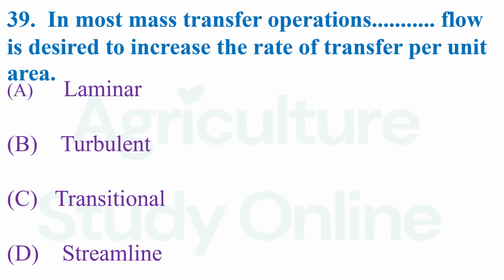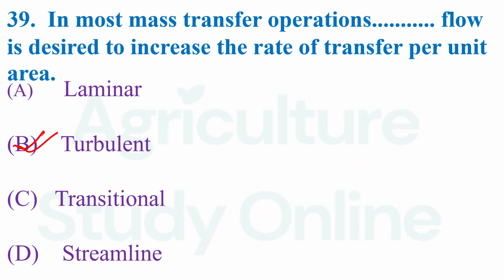Question number 39. In most mass transfer operations, dash flow is desired to increase the rate of transfer per unit area. So it is turbulent flow. In mass transfer operations, there is an increased transfer rate per unit area. Now this is achieved by reducing the boundary layer thickness.